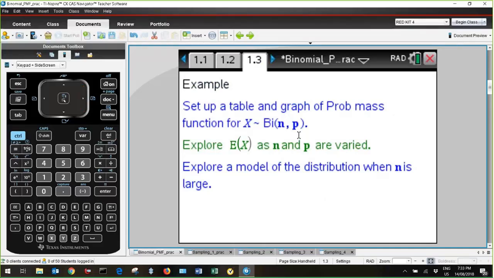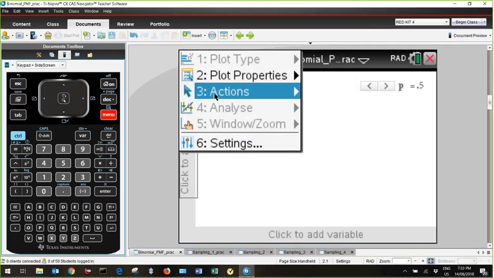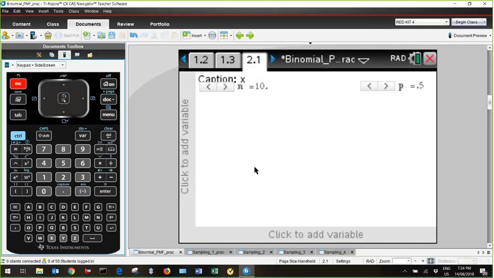To save time, I've already put in a data and statistics page with sliders for n and p. By the way, to insert a slider in data and statistics, it's just Menu, Actions, Insert Slider. And so n and p are defined by the sliders.